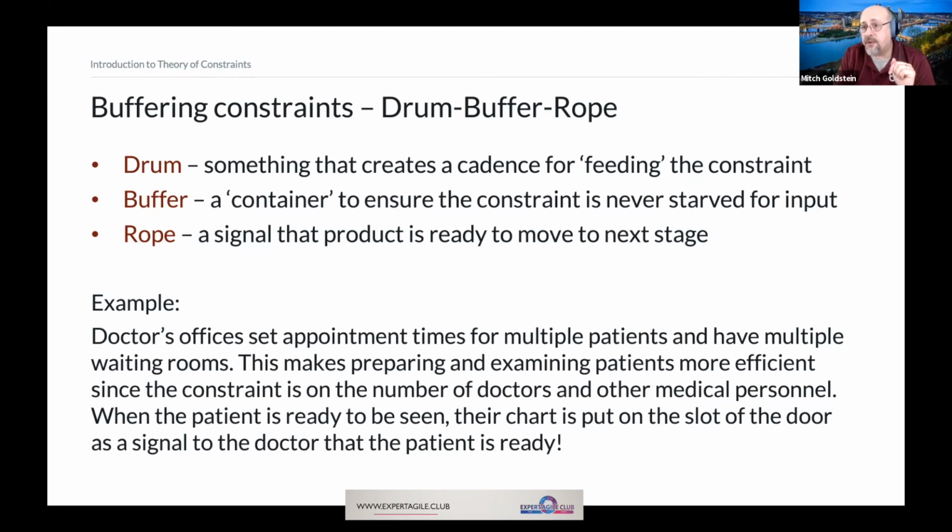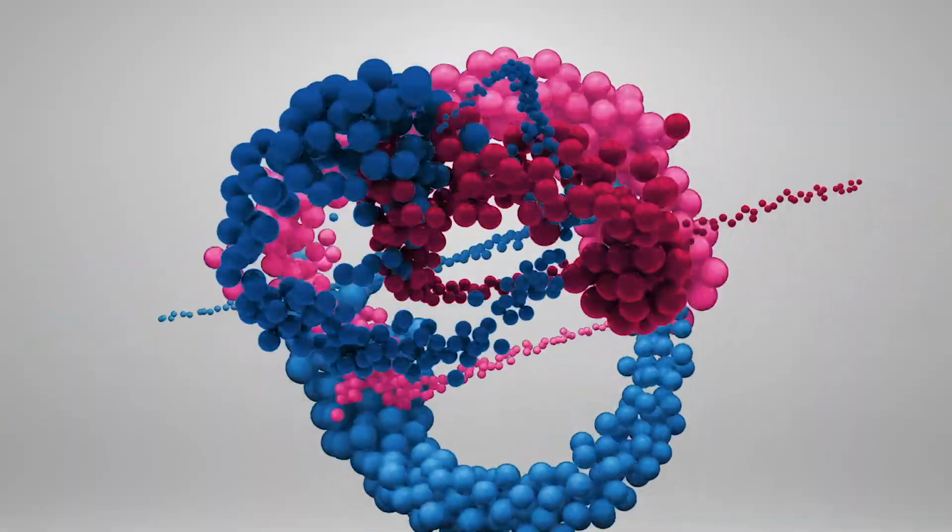If another doctor will improve your throughput and continue to increase your profitability, then yes, you should bring another doctor in. Maybe you have too many doctors. If you find that there's one doctor who's never seeing anybody the whole day, then maybe you have more doctors than you need. These are the kinds of things we can think about by looking at our own systems that we're reviewing using the theory of constraints.